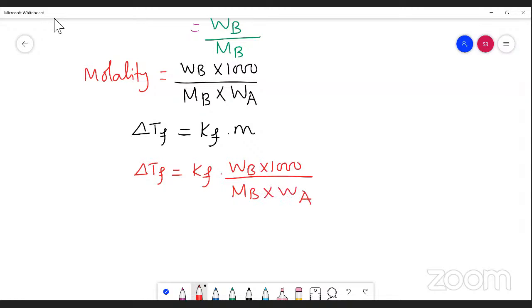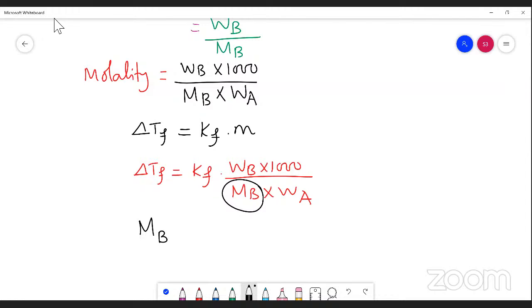But what we want to find out is the molecular mass of the solute, which is MB.